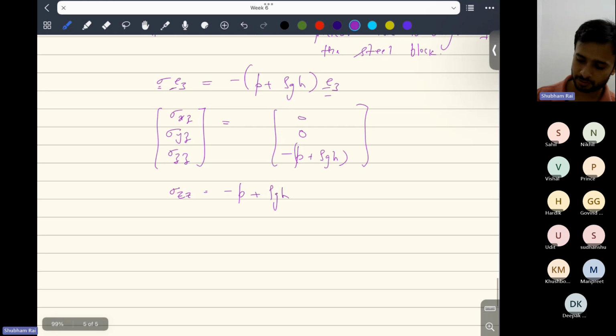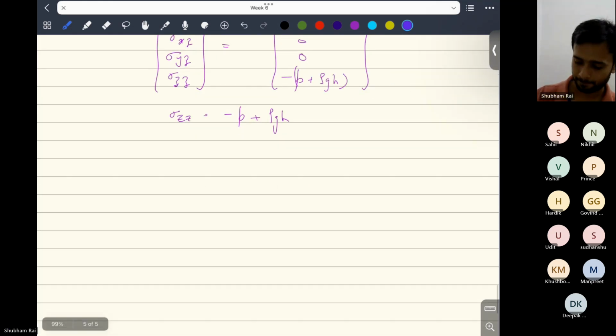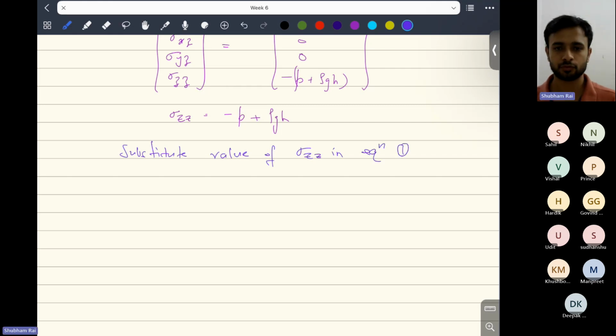So now we can substitute the value of sigma zz in this. Let's say this is equation number 1. Substitute in equation 1. If you do that, what will you get?